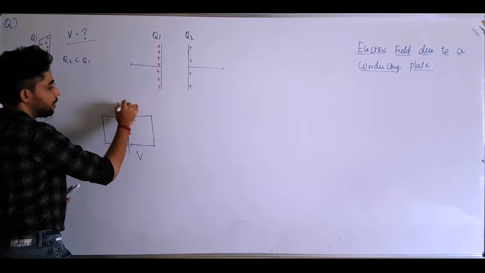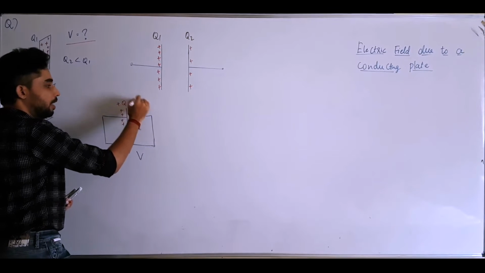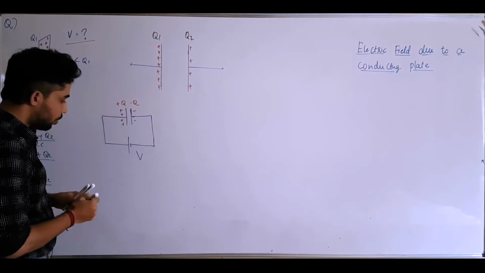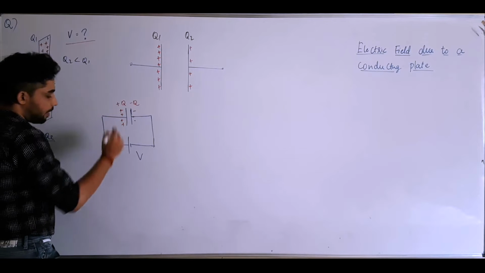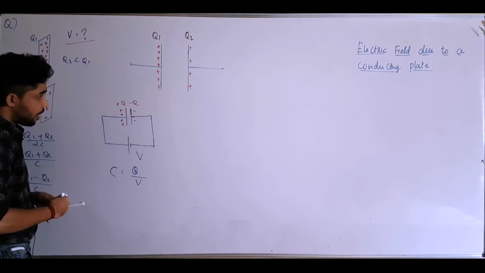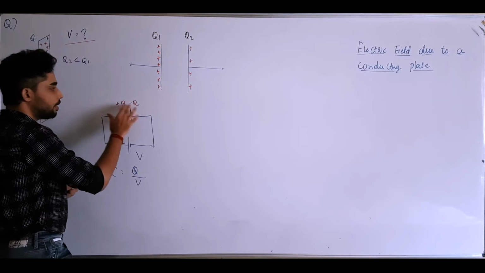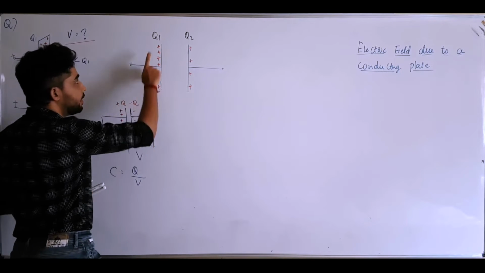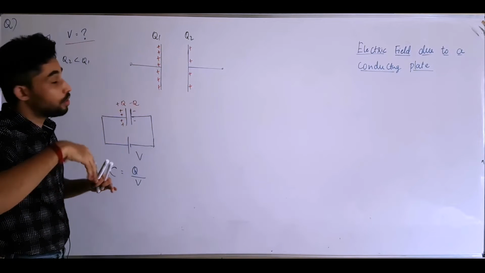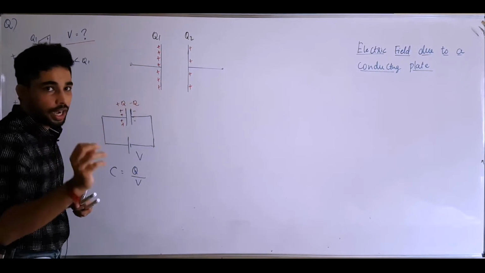Let me take plus Q amount of charges on this plate, and on the other side the same amount but negative, so plus Q and minus Q. And we know the capacitance of this capacitor is going to be the charge per unit voltage. From this, one thing you understand is that if we take a capacitor, the charges are going to be equal, unlike this case where you just put up plates which are charged to different charges Q1 and Q2 together. So that is the first thing you have to understand.